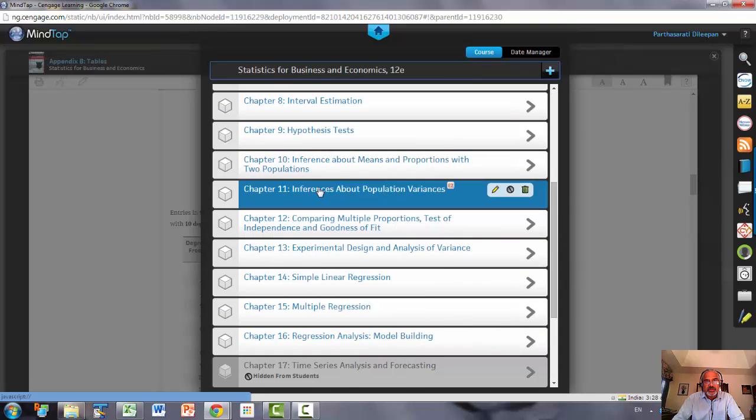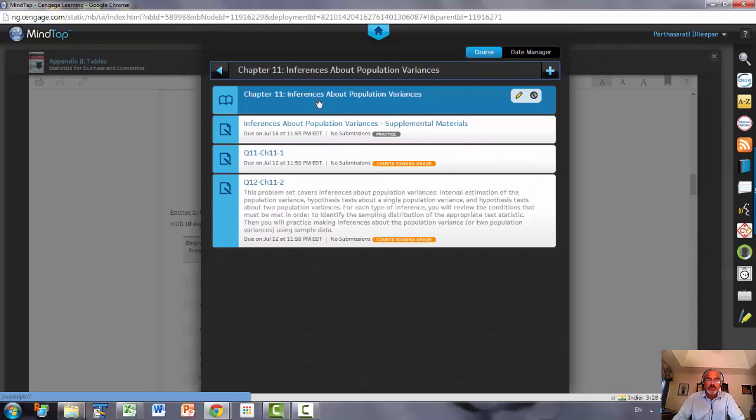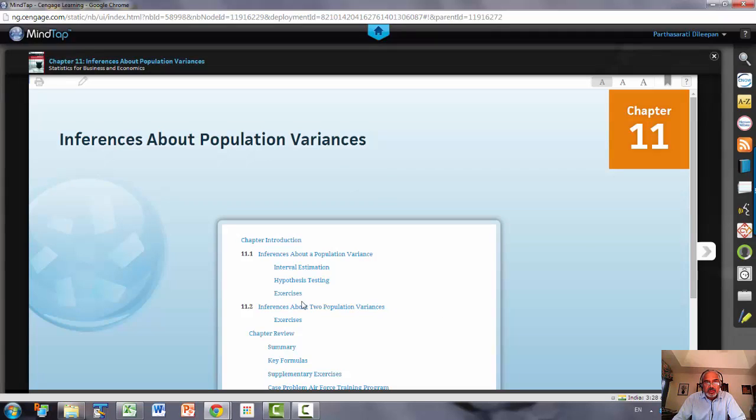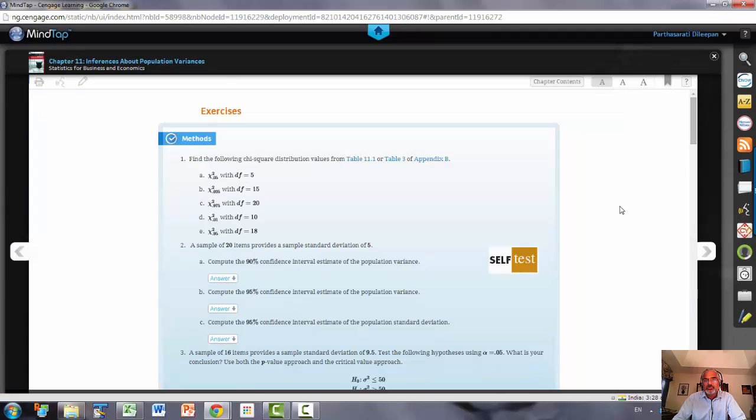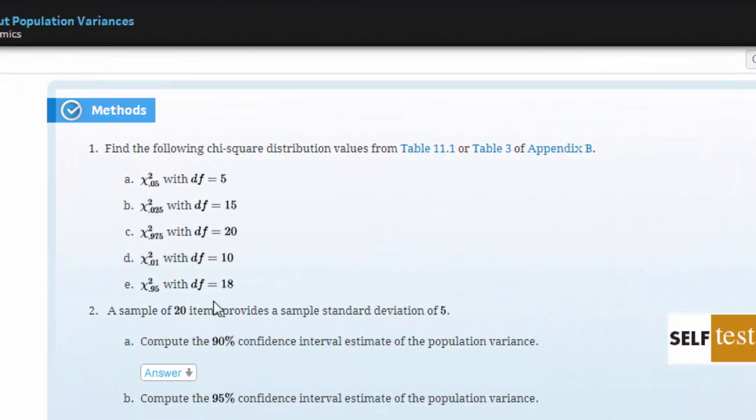If you go to, say, chapter 11, and let me illustrate, do some problems from the back of the chapter, and that will illustrate how to use the tables. Okay, here is the chapter, and I'm going to go to the exercises. Now we want to find the chi-squared table values for these parameters, and you see there is a link to table 11.1.